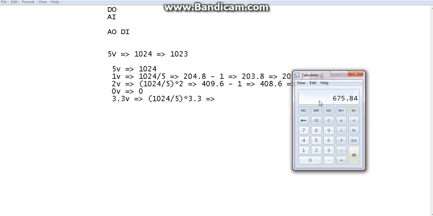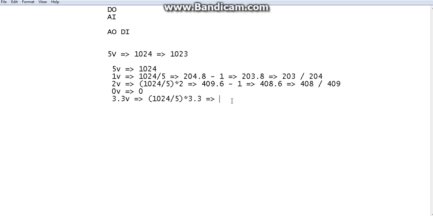So it's 675.84 units. Then we subtract 1, so that will be 674.84. So you will get the nearest integer value, either 674 or 675. Understood, guys? Okay, totally good.